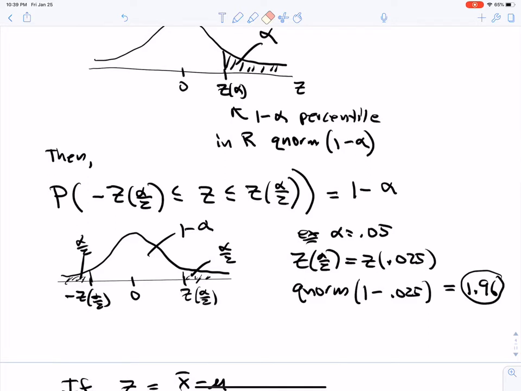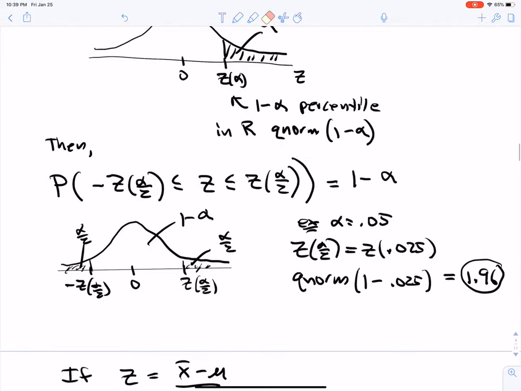The probability that our standard normal is between minus z alpha over 2 and z alpha over 2 is 1 minus alpha, as you can see from this picture.